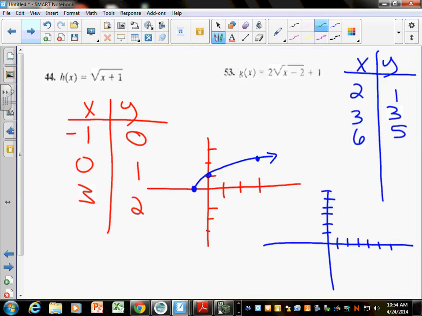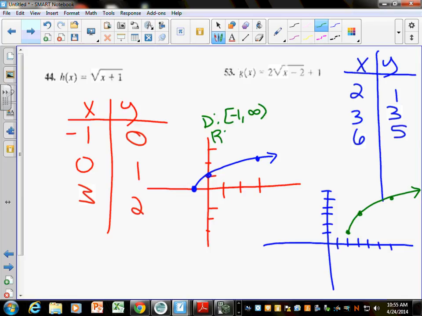There's a good chance you might need to know domain and range, right? 2, 1, 3, 3, 6, 5. You see how it's still the same shape? Domain is never going to be all real numbers on a square root graph. The domain of this would be negative 1 to infinity.